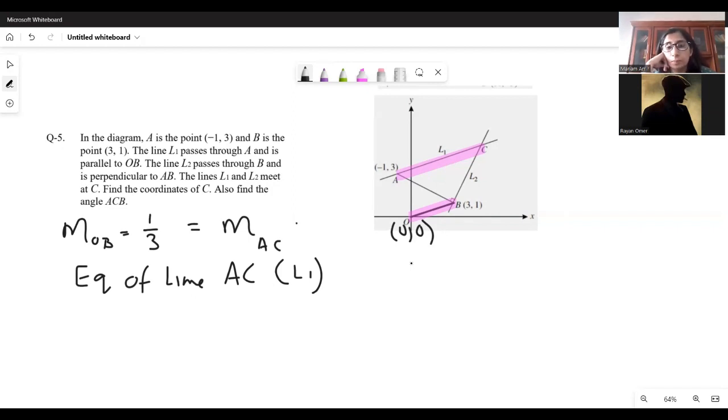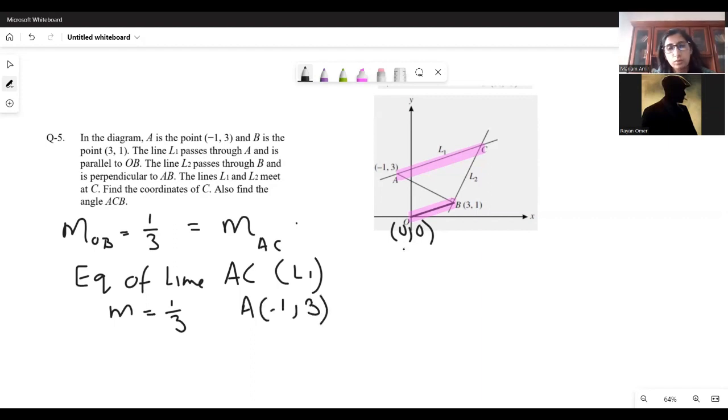You have its slope, and do you also have a point on line AC? The slope is 1/3. And you have a point on line L1. What is that, Ryan? Miss, (-1, 3). Point A, which is (-1, 3).